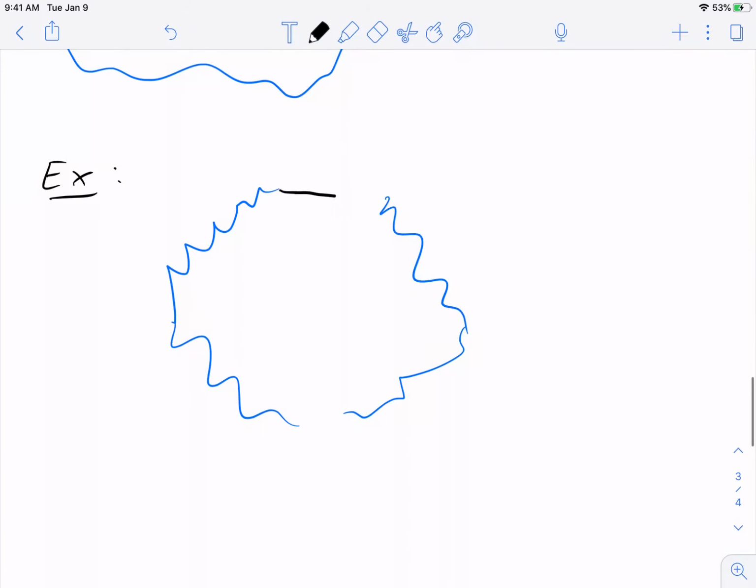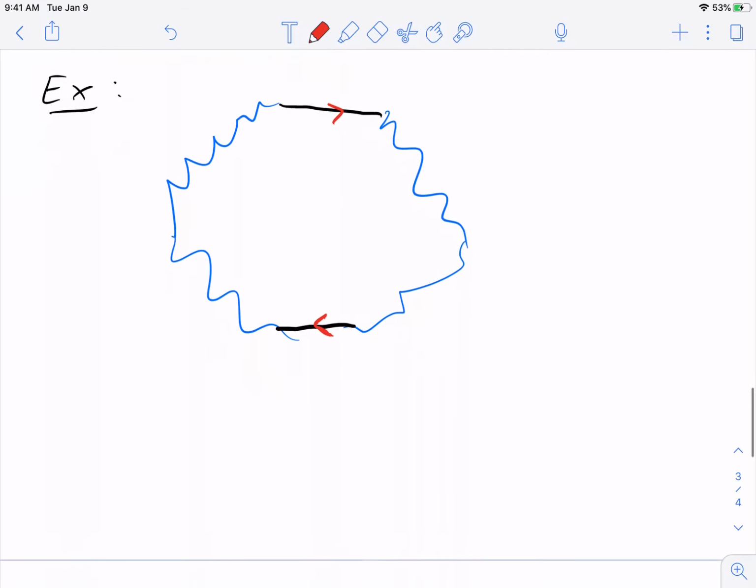So, you might see something that looks like an RP2 in the sense that I see two edges being glued together with a twist, but they may not be adjacent to each other, right? And so if that's the case, how do I deal with this?